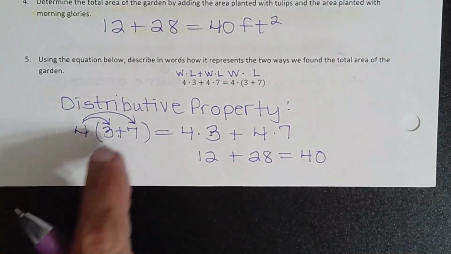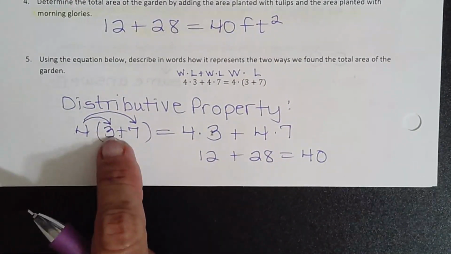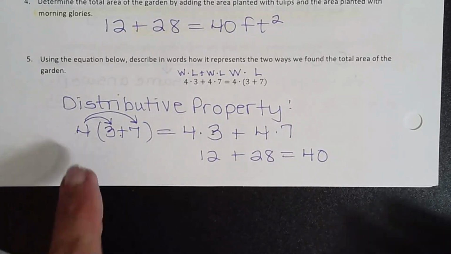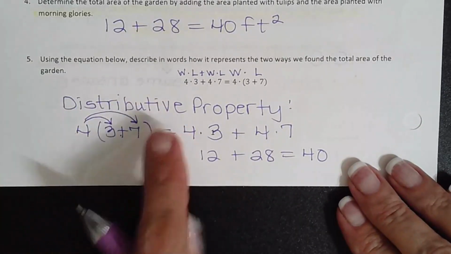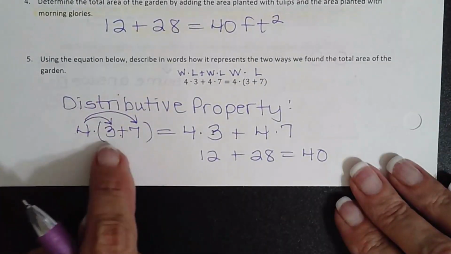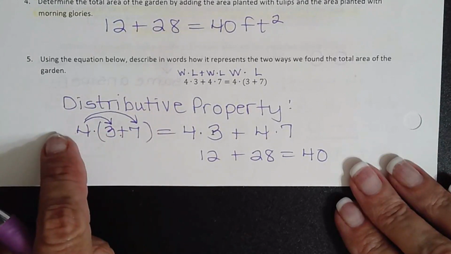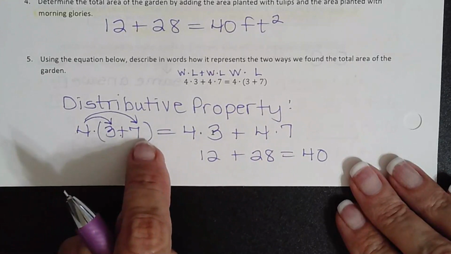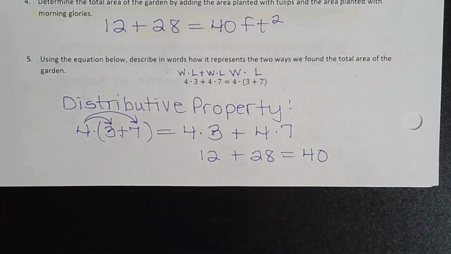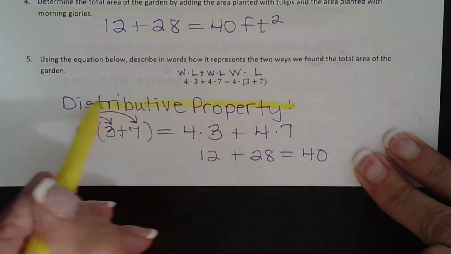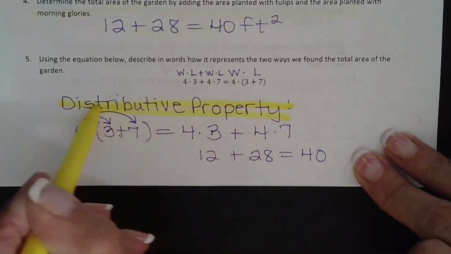It also works for subtraction. 4 times 3 minus 4 times 7. So distributive property of addition is taking the number outside, we know there's an imaginary times there, and multiplying it by the things inside. So 4 times 3 plus 4 times 7. And that would be another thing I would highlight, since there are some questions about properties on your test.